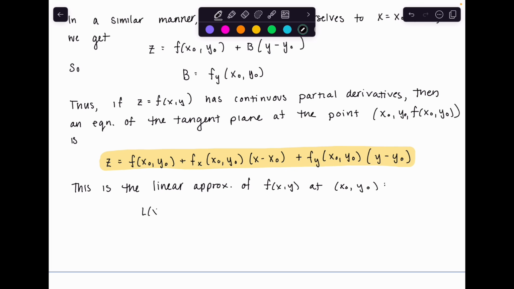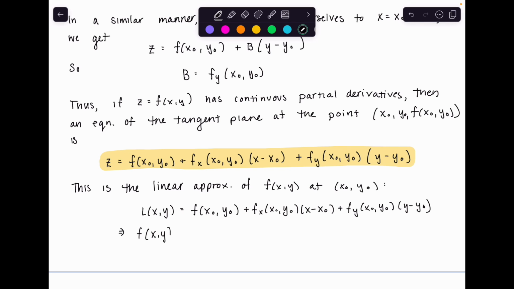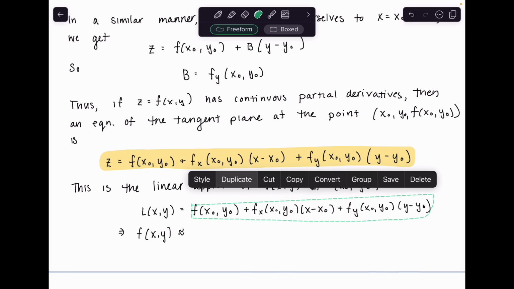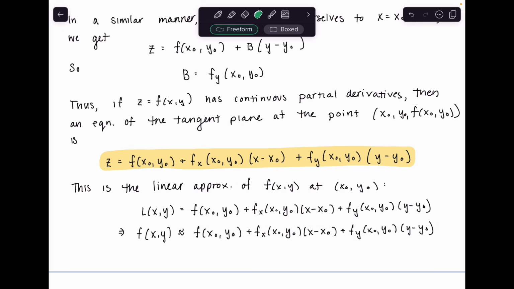So L of x, y is going to be exactly this tangent plane. And then we can say our function is about equal to the tangent plane near that particular point.